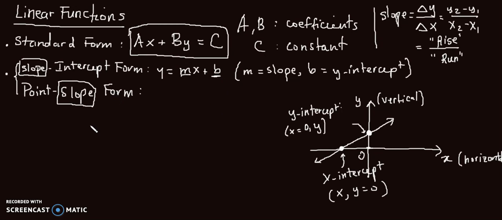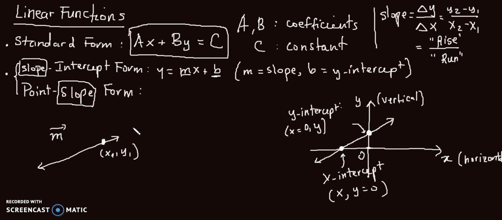Now the other case is when you have a slope m, and then your line goes through a point that you already know. So let's say this is (x1, y1). You have the slope, which is the direction of your line, and this line goes through the point, whose coordinates you already know.